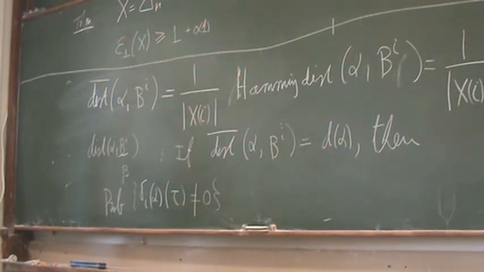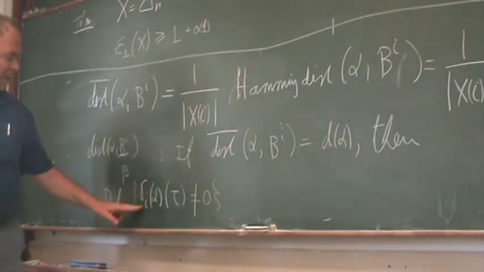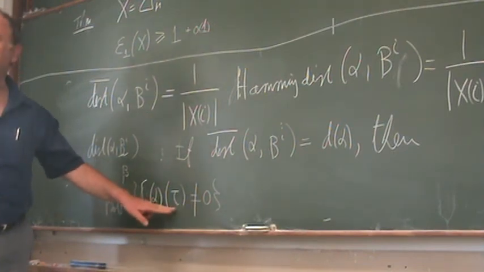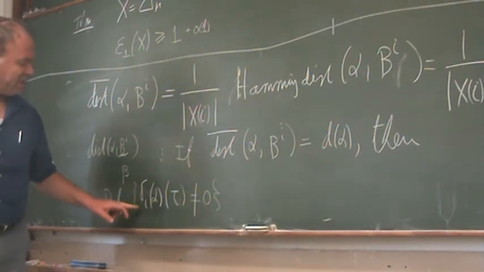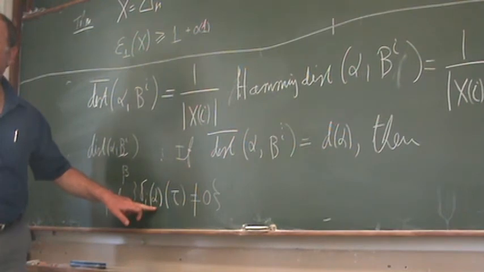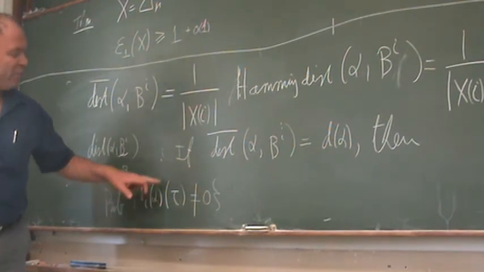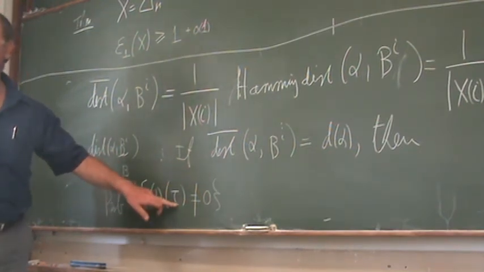The tester will take the coboundary of alpha and compute it on some I plus 1 cell.